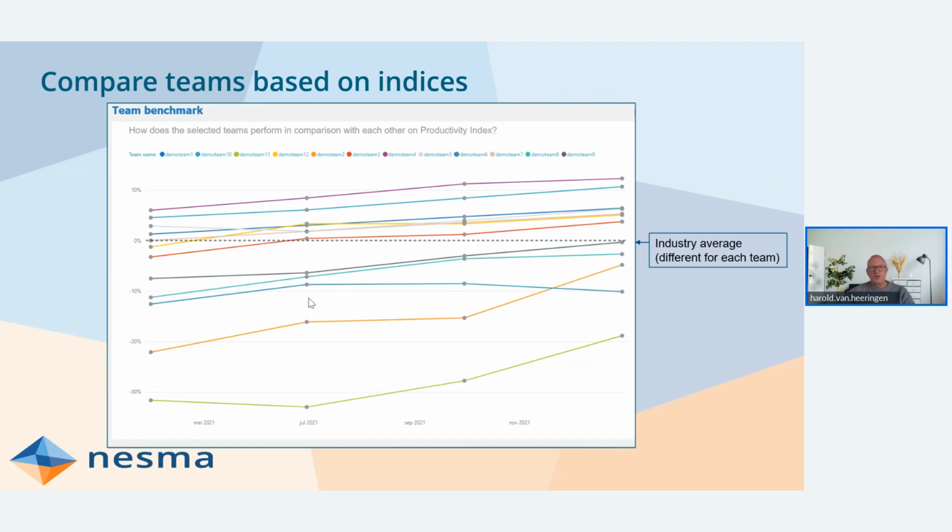So you see that you have a couple of teams that are performing much better than market average, and some teams that are performing much worse than average, and also the trends. So you can also see what happens, for instance, if you take this green one here on the bottom. If you implement some changes that you think will result in improvement, you can see if they actually also happen.